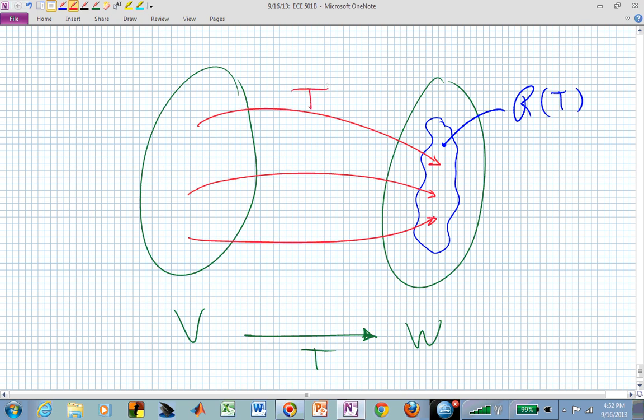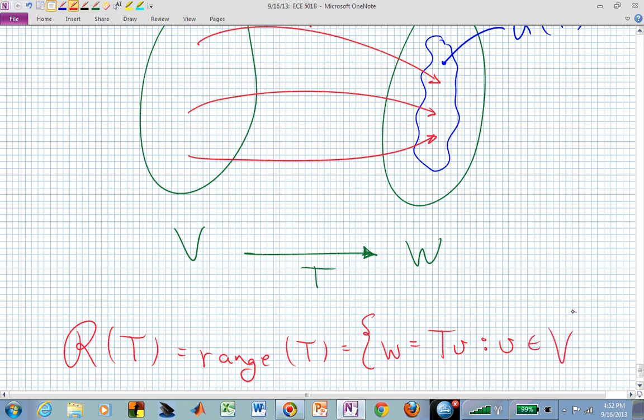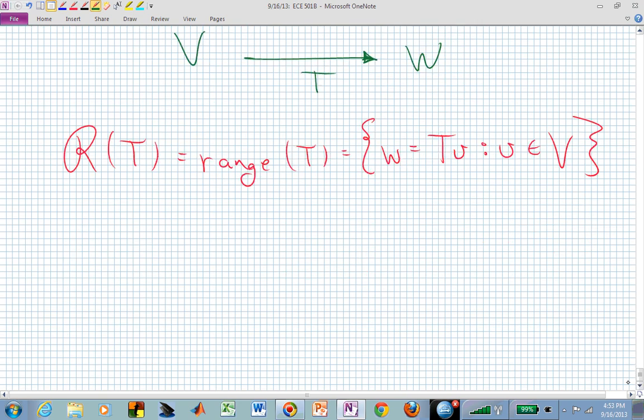So the range of T, script R of T, is equal to the set of w equal T v such that v is anywhere in the domain. Stated another way, the range is everywhere you can get to in the codomain through this linear map T.